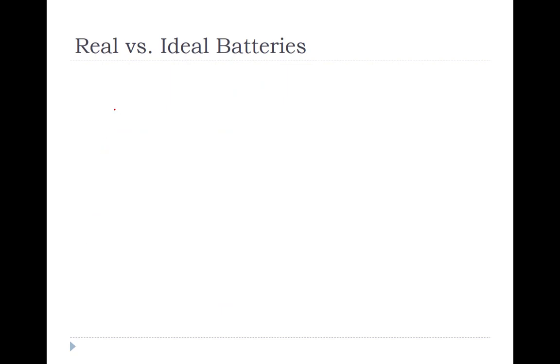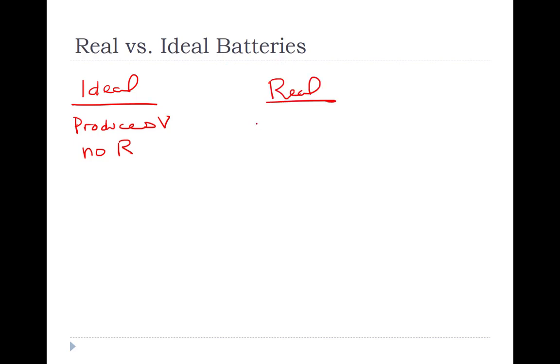Okay. So the next thing we're going to introduce is the idea of real versus ideal batteries. An ideal battery produces a voltage and has no resistance. A real battery also produces a voltage, but has a resistance associated with it.